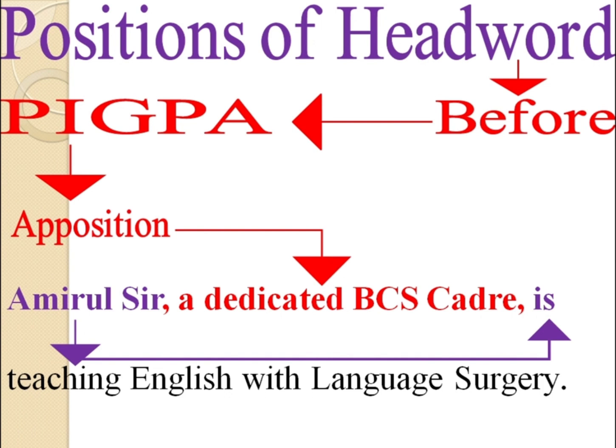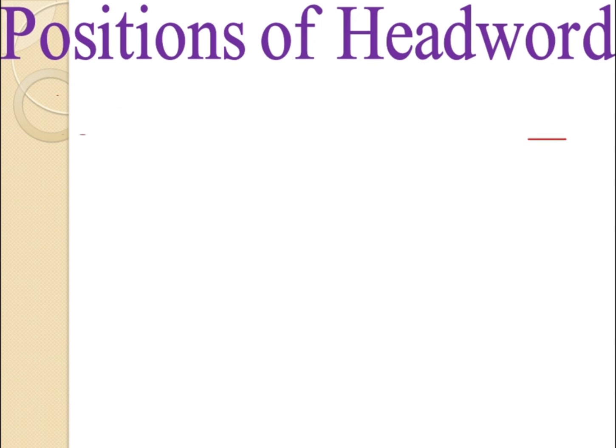Apposition is the extra information of a noun or pronoun, and here a dedicated business coach is giving extra information regarding Alsos. So the complete subject is Alsos, a dedicated business coach. Before the apposition, Alsos is the headword that follows the singular verb is.